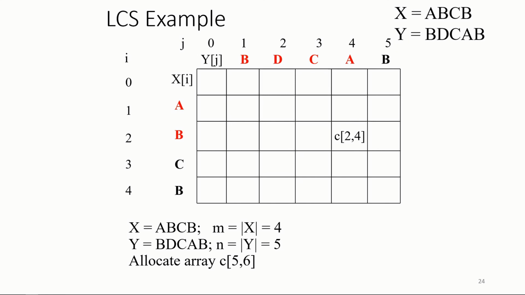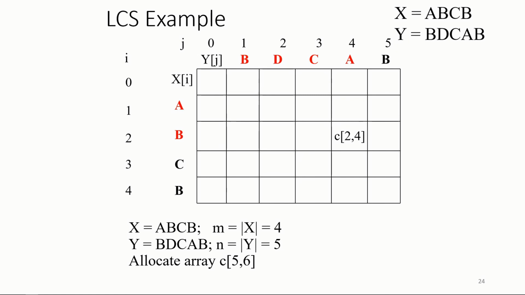Now let's talk about how each cell represents a subproblem. Specifically, we will talk about the cell C[2][4]. This cell represents the length of LCS between the parts of two strings x and y. The first number 2 represents we are only considering the first two characters of string x, and the second number 4 represents we are considering the first 4 characters of string y.